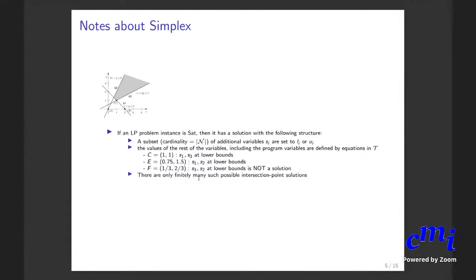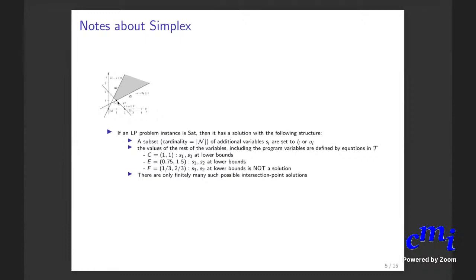For example, here there are two such solutions that follow this structure. C is one, which is the intersection of S3 and S1, and the other is the intersection of S2 and S1, where I'm pointing the cursor, which is not named in the picture, but I call it E. Both are solutions.